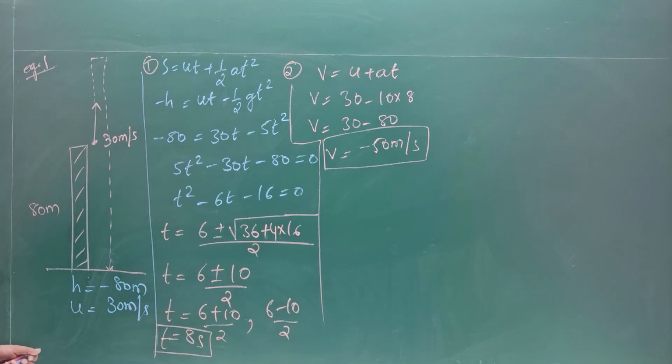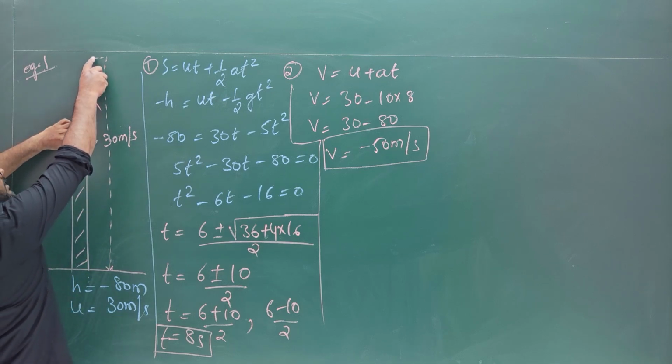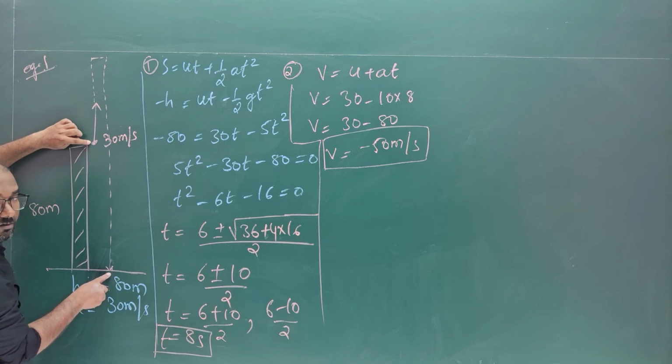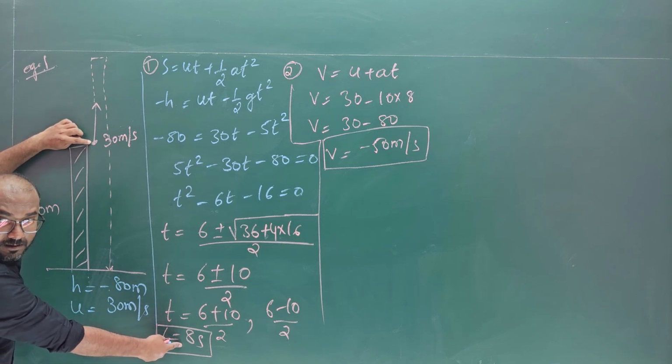Okay. Now listen to me. Listen carefully to what I am saying. Can I say that the time period required when the object is projected from here, went to H max, then returned back to the ground, took how much time? Can I say 8 seconds? Yes or no?